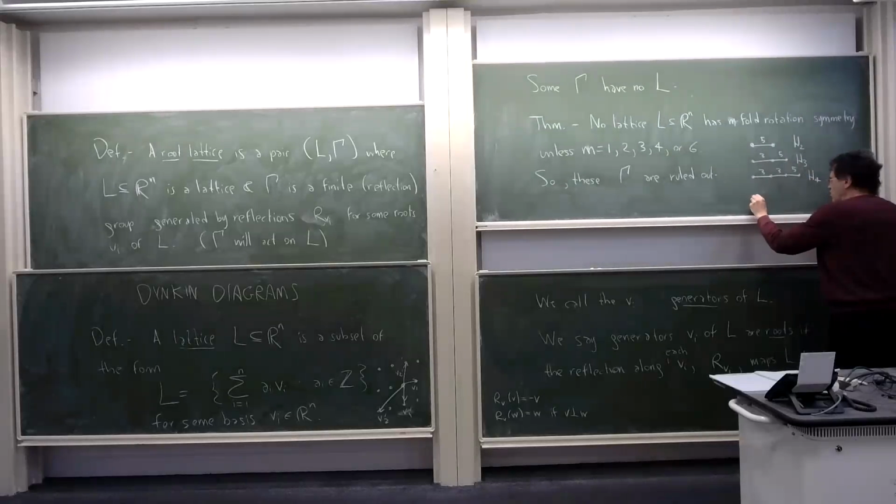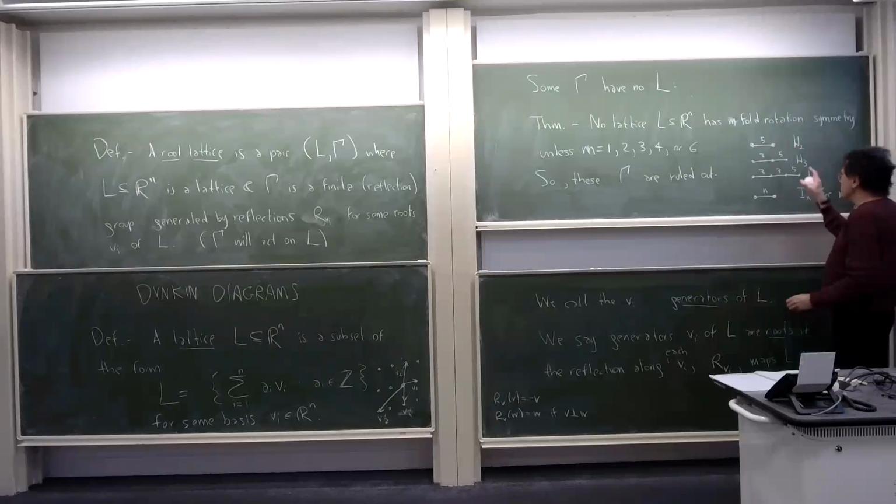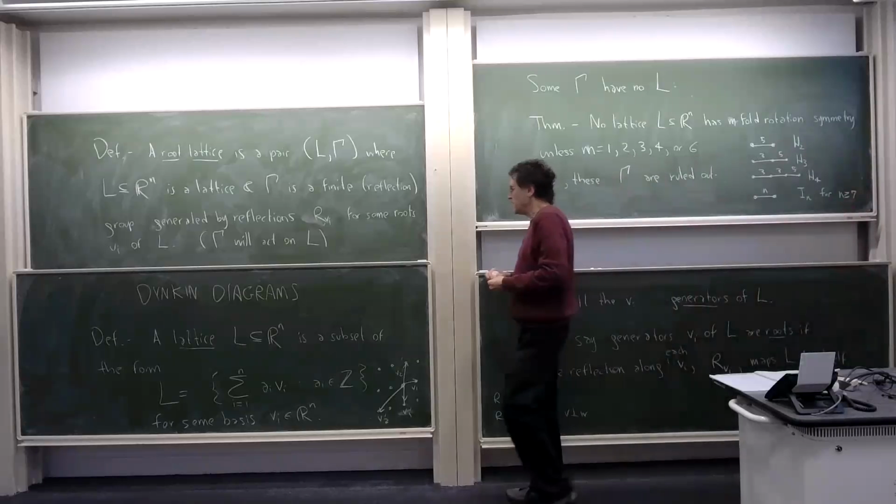And then finally, there are a whole bunch called I_n. These are all symmetry groups in the plane, the symmetry group of the regular n-gon, and I'm saying that's out when n is equal to 7. When n is equal to 5, it's this one here, but we call it a different name. So those guys are out.